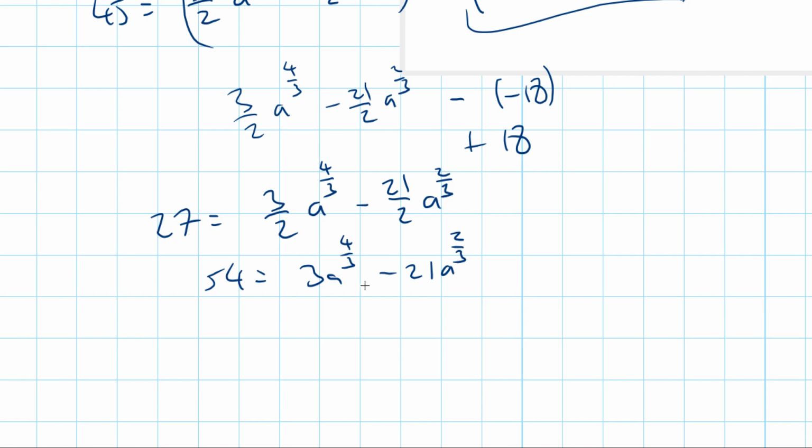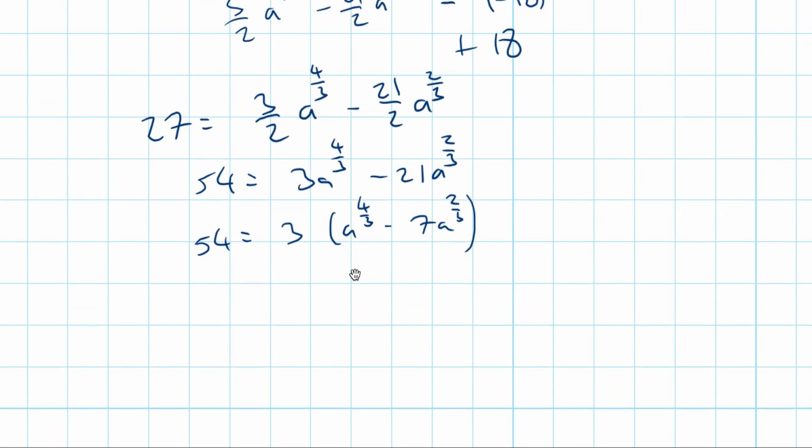And then from here, we're going to take out a factor of 3. So 54 equals 3 times a^(4/3) minus 7a^(2/3), and then we divide by 3. So 54 over 3 is 18. So we've got 18 is equal to a^(4/3) minus 7a^(2/3).